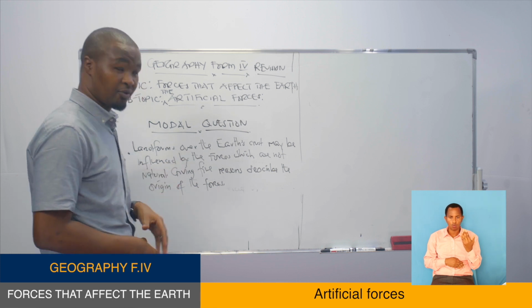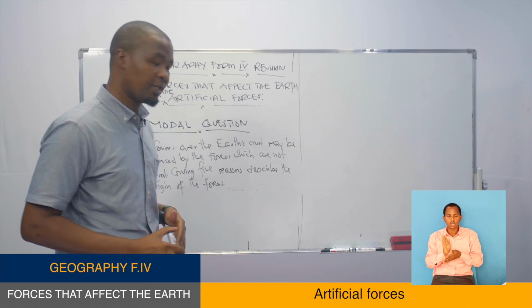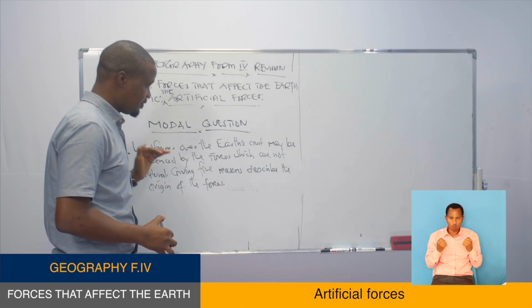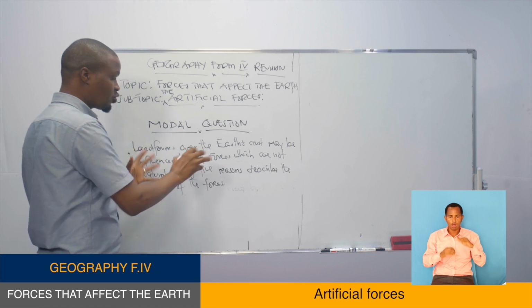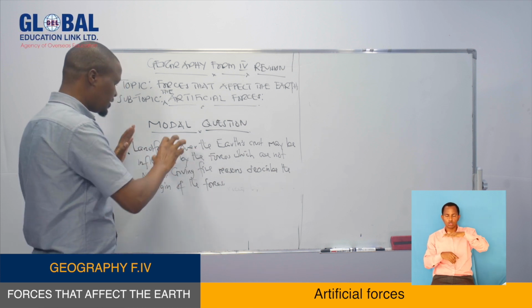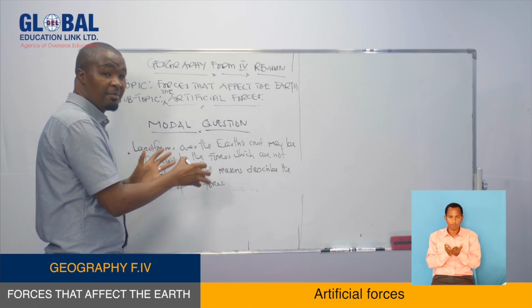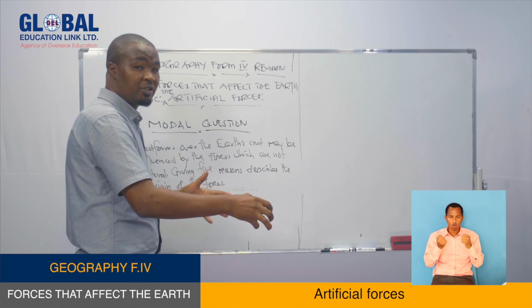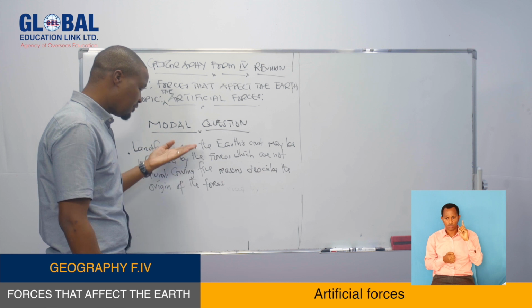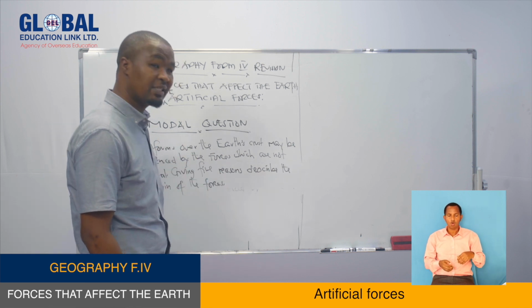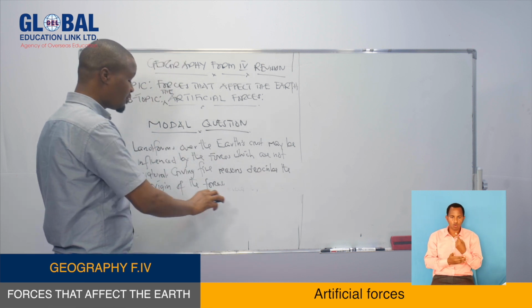So the question right here, once you read it, we have different landforms over the Earth's crust, and they say these landforms may be formed not as a result of natural forces. So we have to give 5 reasons describing the origin of the forces.